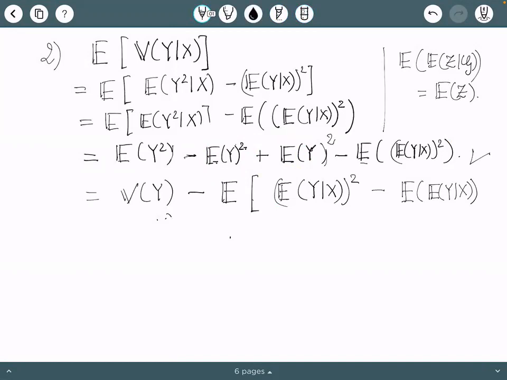Now this expectation of y squared, I use again that the expectation of y is this one here. I write it as the expectation of y given x. So it is the expectation of the expectation of y given x. So this is just the expectation of y, and now everything is squared.